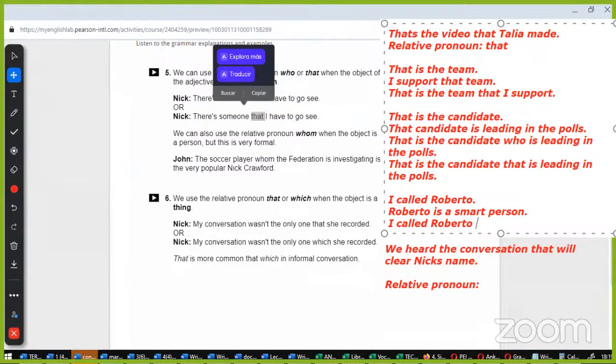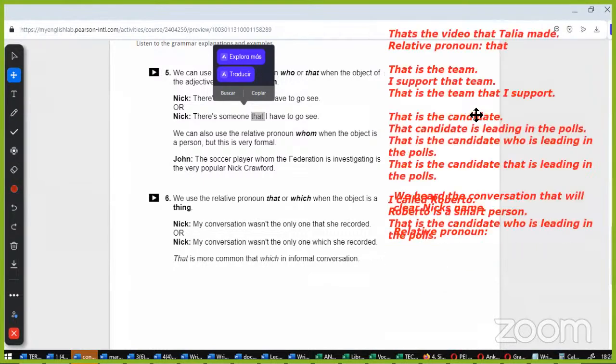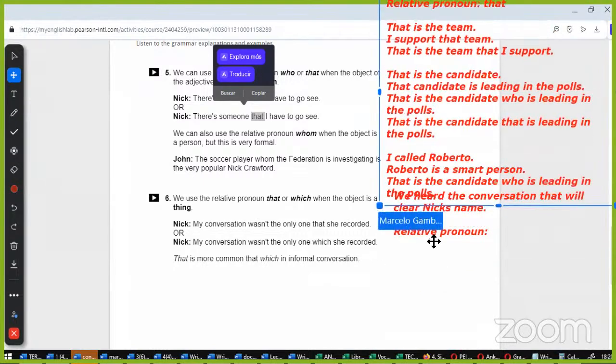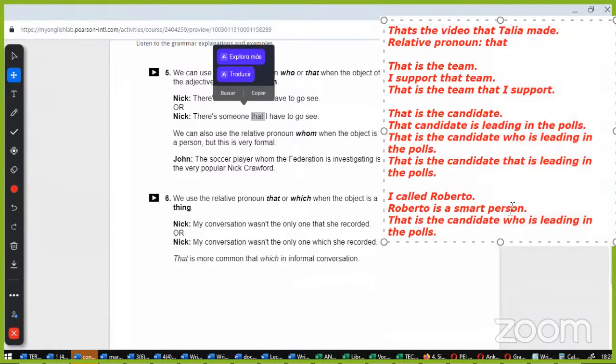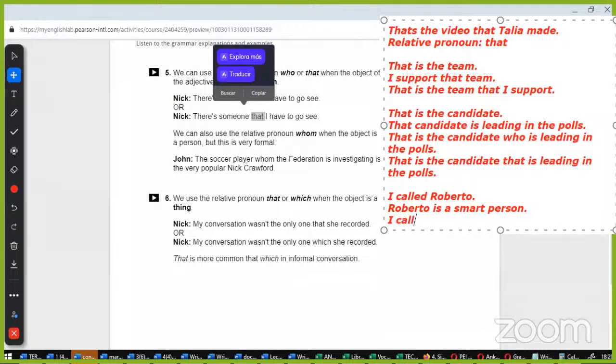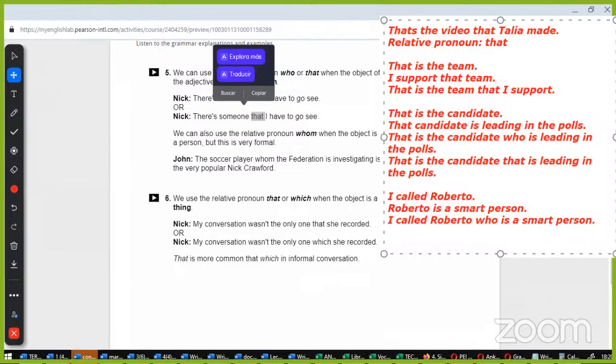This is a case that we need a whom, but not necessary. If you say I called Roberto, who is a smart person, this is good.